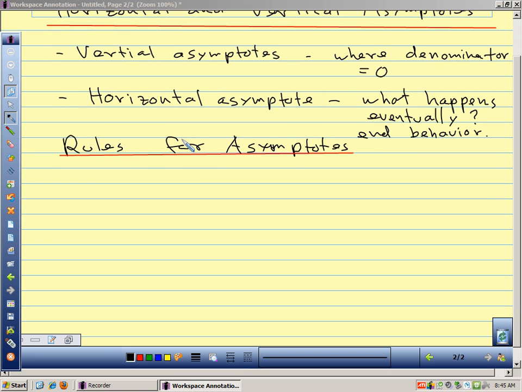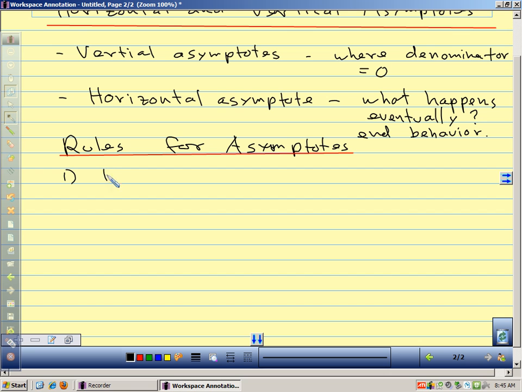Our rational function f of x is n of x over d of x.